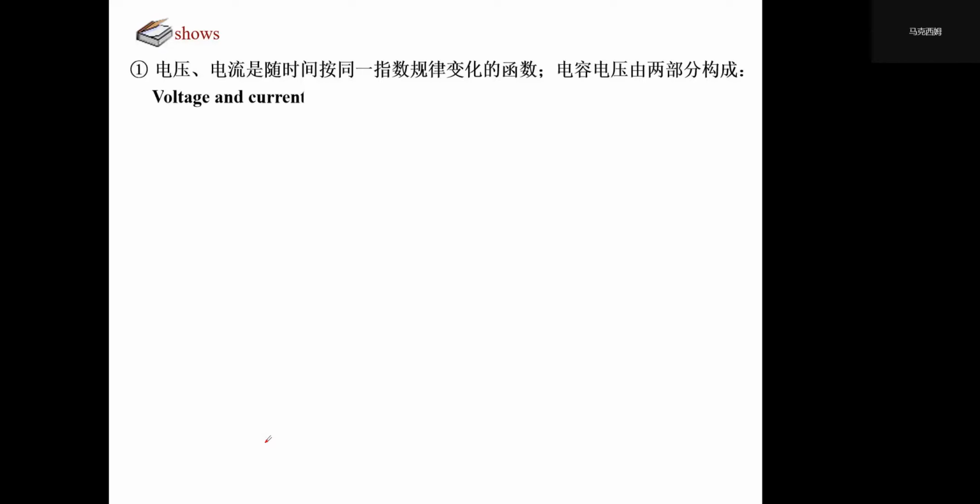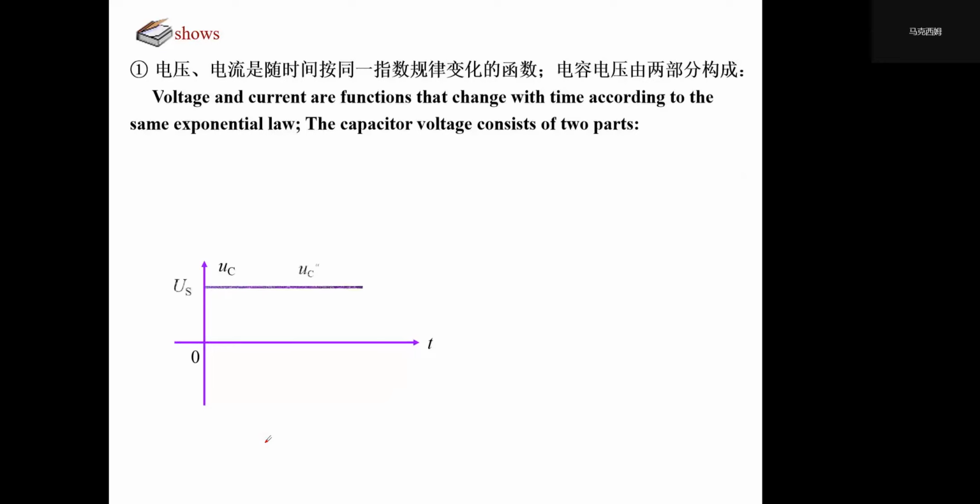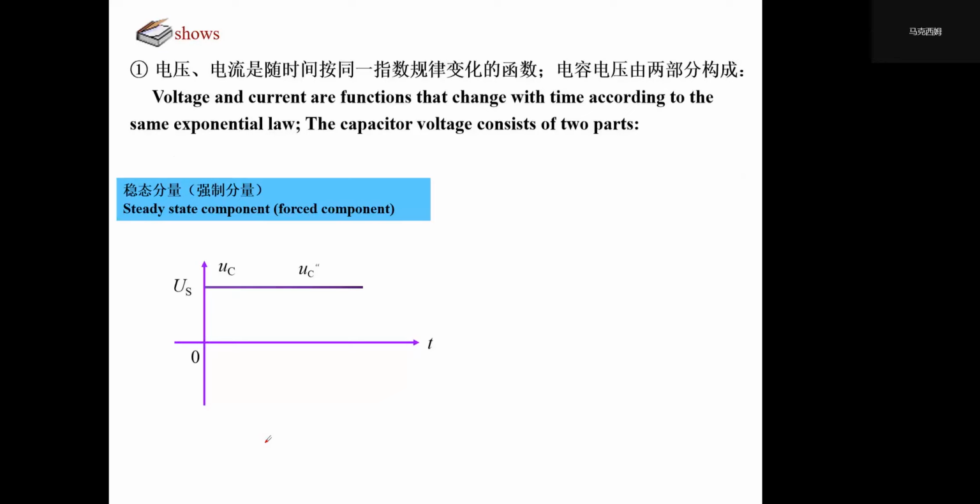This conclusion shows that the voltage and the current are still functions that change with time according to the same exponential law, and the voltage of the capacitor also contains two parts. Let's see in this figure, the compulsory part, or the first part, is actually caused by the power supply.